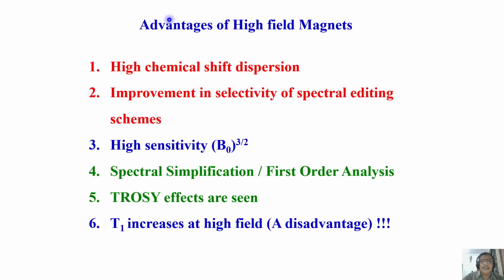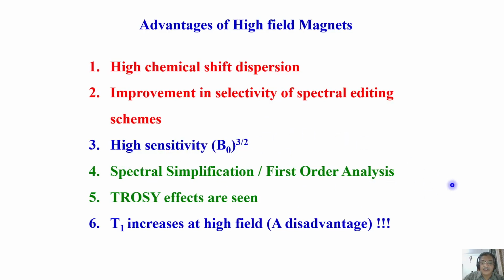And of course, if you have high field spectrometers, NMR spectrometers have a lot of advantages. We have high chemical shift dispersion, improved selectivity in spectral editing schemes. Sensitivity goes up by B naught to the power of 3 by 2. Remember, the higher the magnetic field, the higher the sensitivity. Spectral simplification is possible.